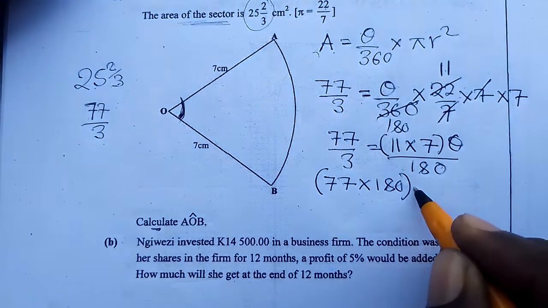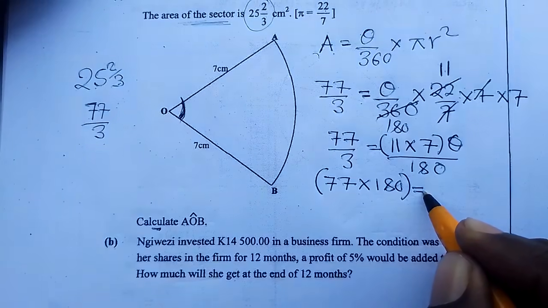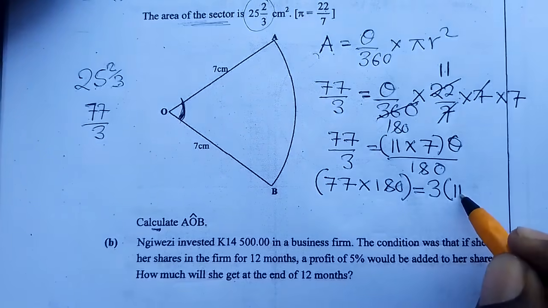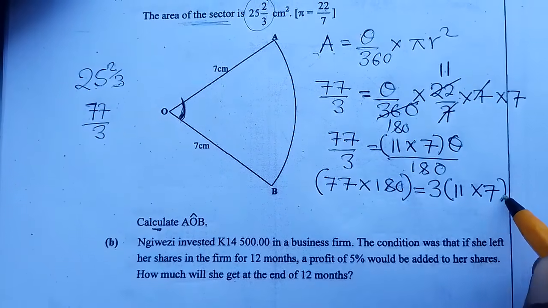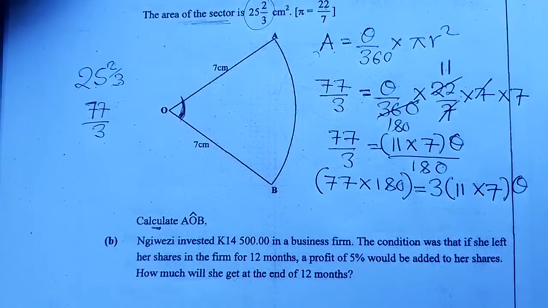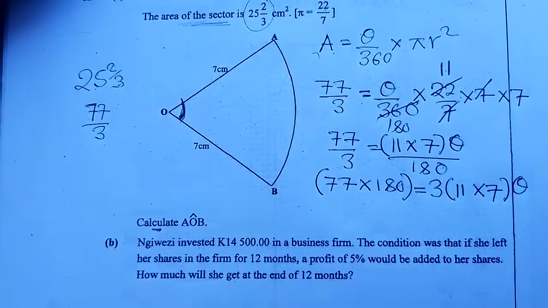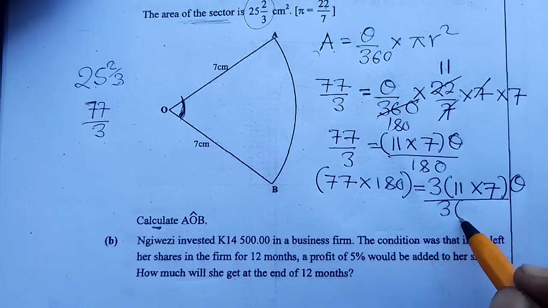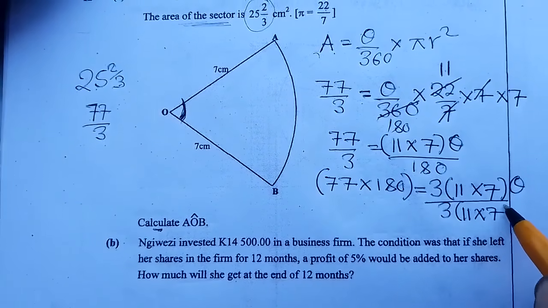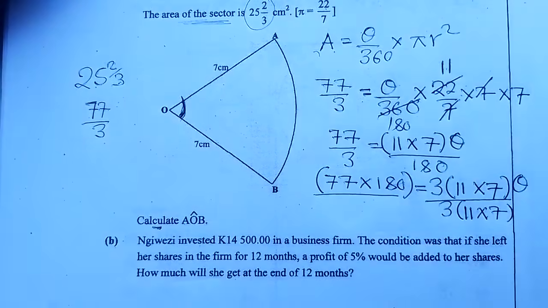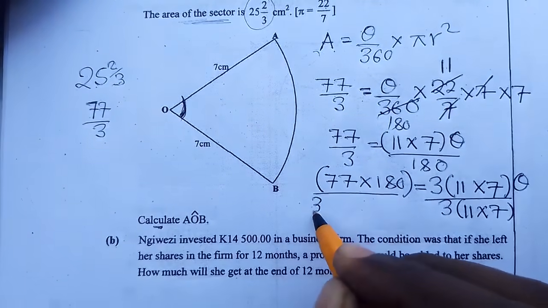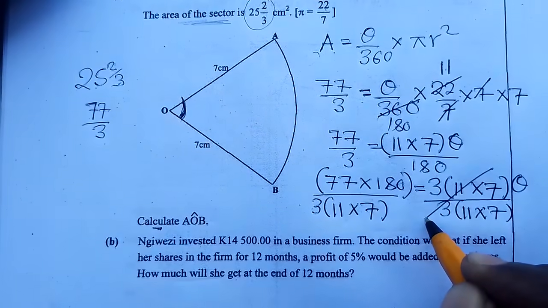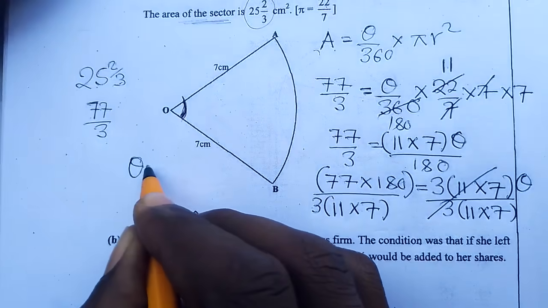You need to develop a certain strategy of answering this. Over 3, then 11 times 7, like this. So these are going to be cancelled, and I'm going to have theta which will be equal to what?